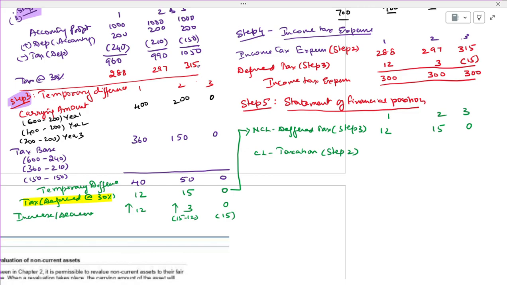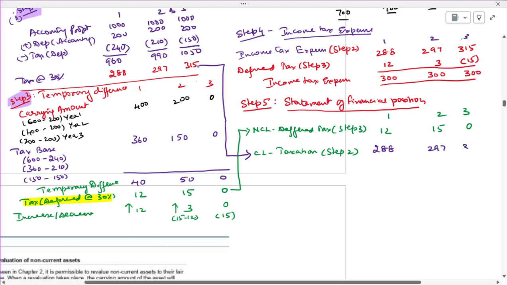We are getting this from here. How much you are paying for the current tax? 288, 297, and 315.